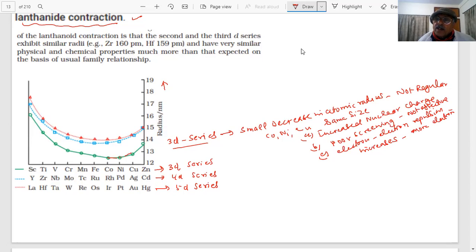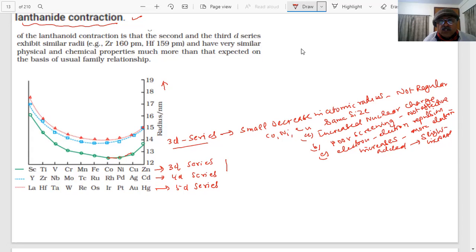More electrons are added, students. Therefore, there is a slight increase in size in the end. Zinc has got a larger size. It should be less, but because of electron repulsion, as compared to attractive nuclear charge, it becomes stronger, so the size increases.